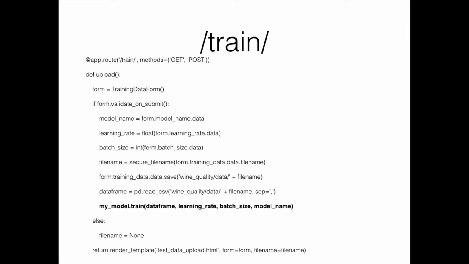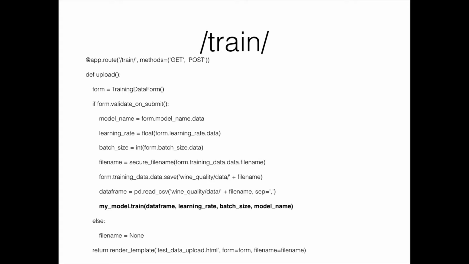And so then we take these input fields from the form: model name, learning rate, batch size, and store them as variables locally and pass them on in the myModel.train. And we're also taking the file, saving it locally.